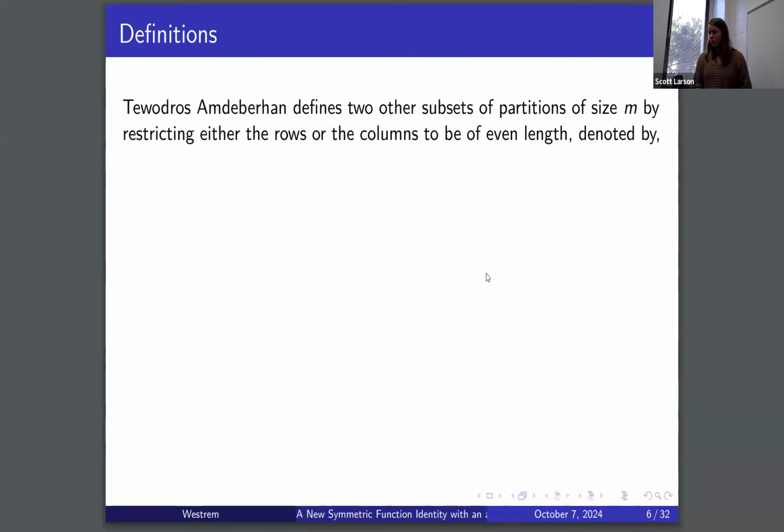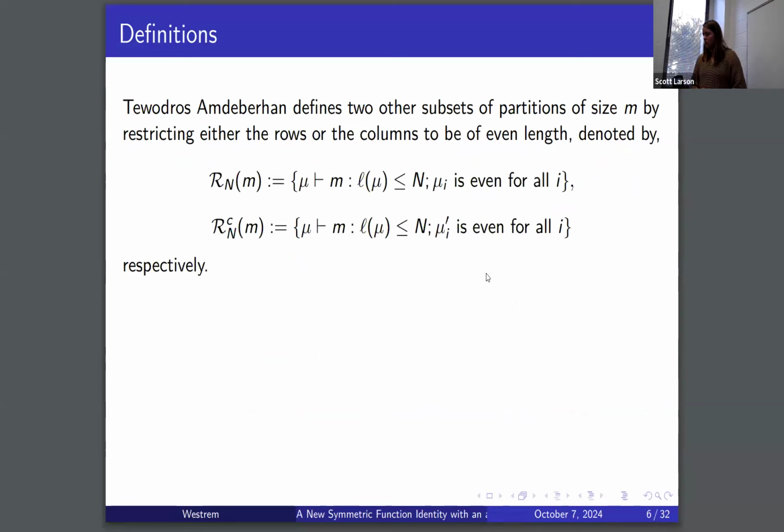Teddy also defined 2 other subsets of partitions of size m by making a restriction, either on the rows or the columns, to be of even length. They're denoted in this way. We have r sub capital N of m, where we're taking partitions of size m and restricting the number of parts by this capital N. So we have a couple parameters here.